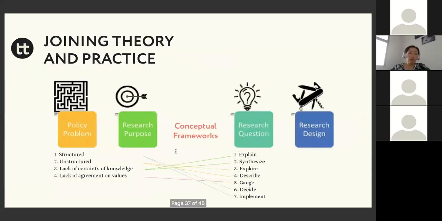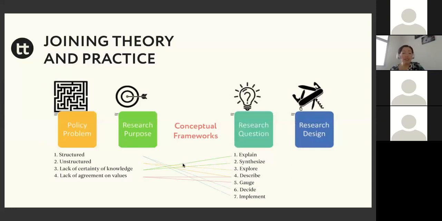Okay, so like I said, unfortunately, we are very short of time in this webinar, so I was able just to very briefly describe to you what are the conceptual frameworks that we can use.